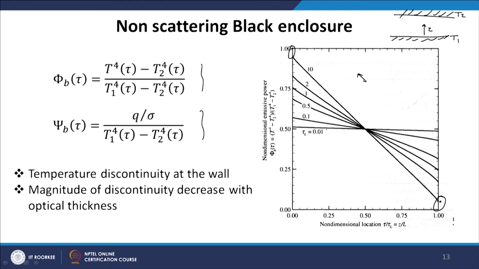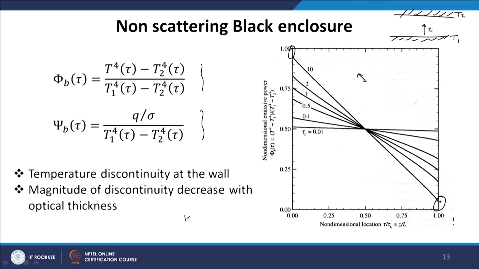But for an optically thin medium, the jump is going to be significantly large. The wall is going to emit much more than the medium. So, a jump means there is more emissive power from the wall than the medium, and this difference is going to decrease as we move towards the optically thick case.